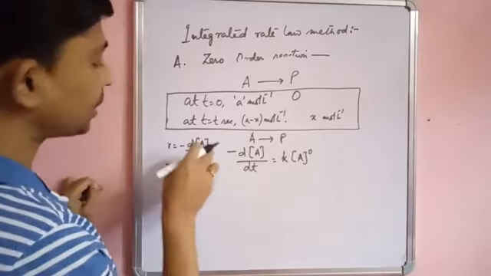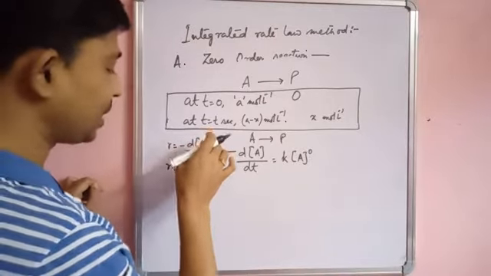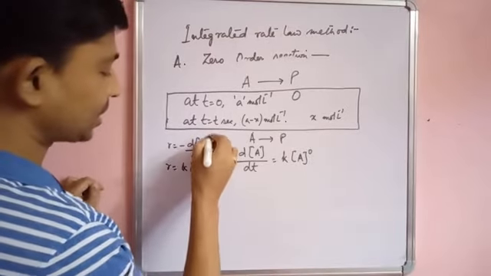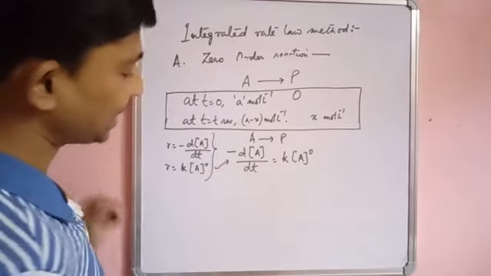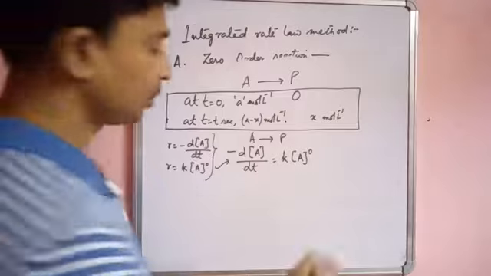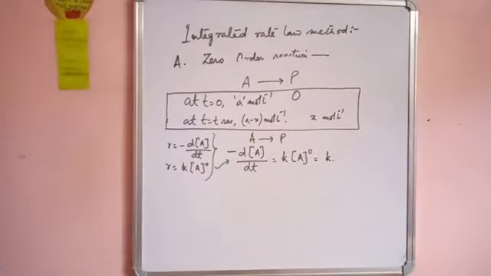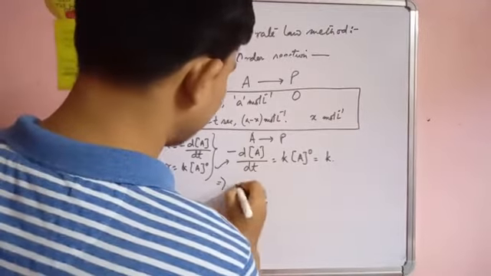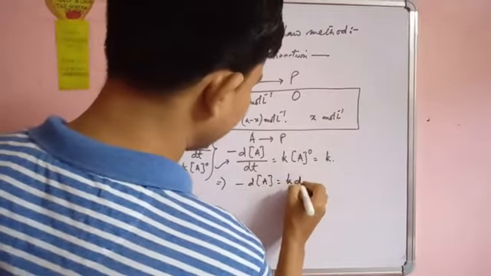So we can equate them, and minus d[A]/dt is equal to k, which implies minus d[A] is equal to k dt.